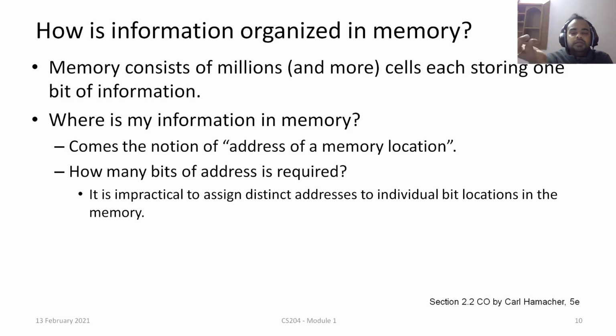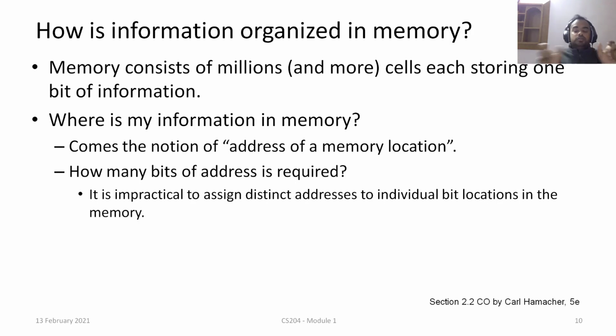That will be too cumbersome. Let's say you have 1 byte, which has 8 bits, and if for each of these 8 bits you want a unique address, what it means is you need a 3-bit address to identify one of these bits in a byte. So for each byte you have 3 bits of address.